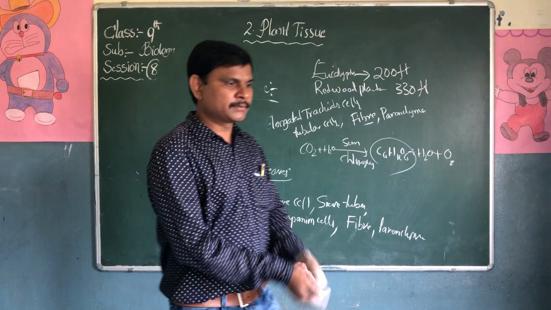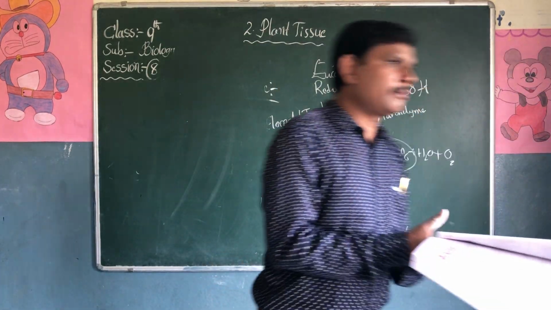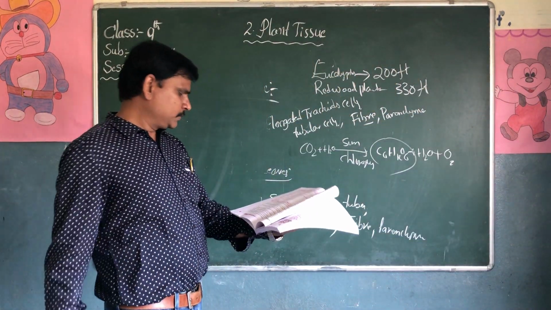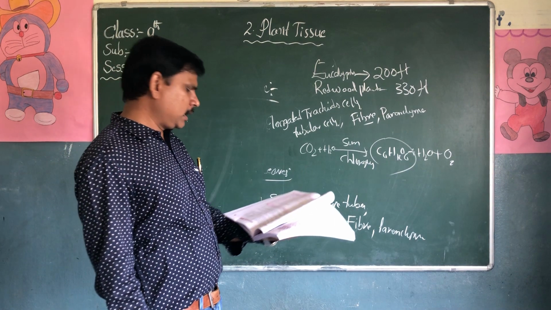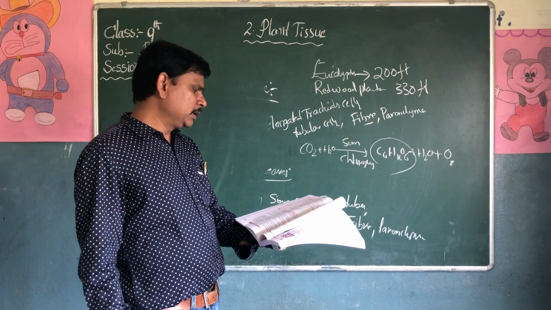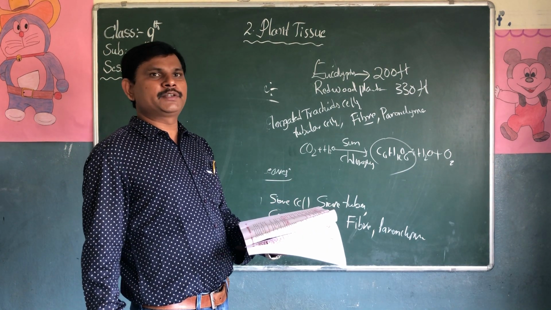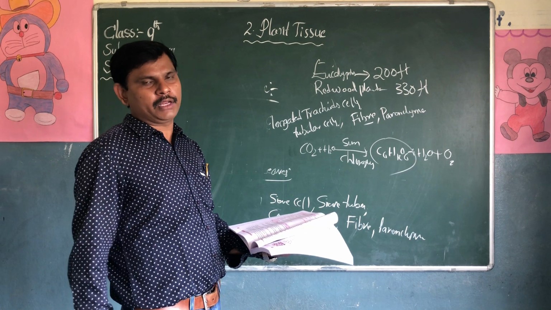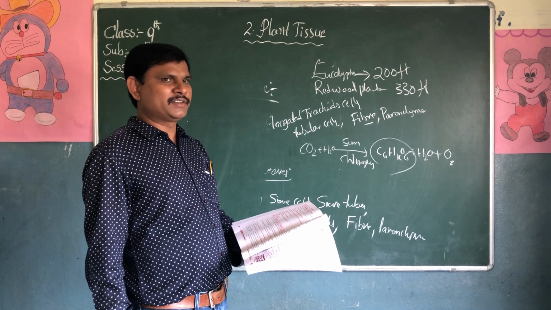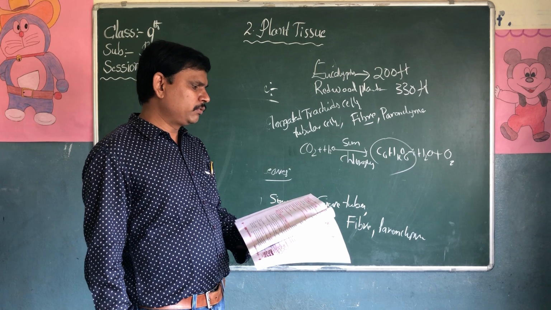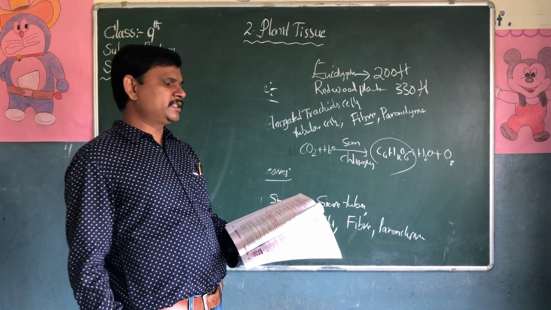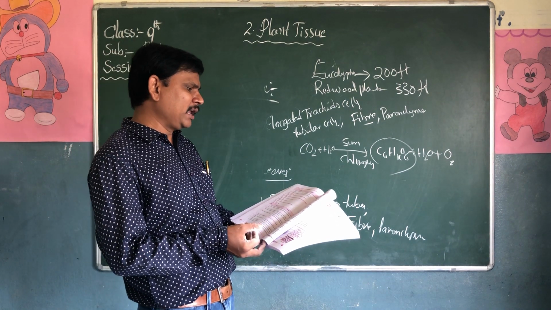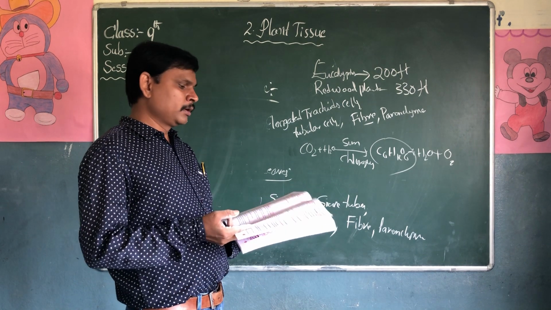Okay, students, today's homework is from the workbook, page number 15. Write the differences between xylem and phloem. Very, very important. Write the differences between meristematic tissue and ground tissue.